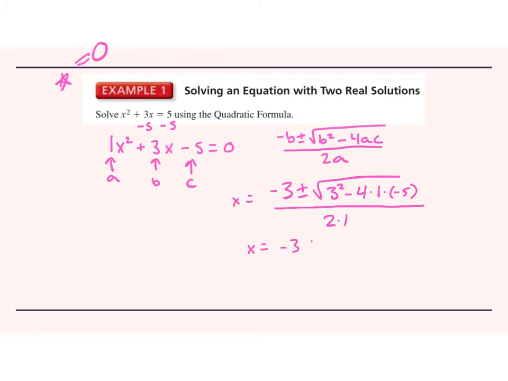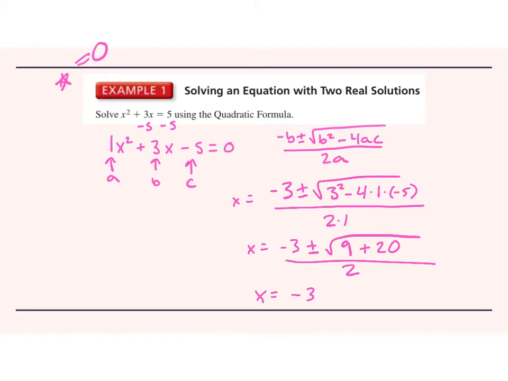So negative 3 plus or minus, we have to simplify everything under our square root. So 3 squared is going to be 9. And then we have minus 4 times 1 times negative 5. Since there are 2 negatives here, it's going to become a positive, and 4 times 5 is 20. And then this is over 2 times 1, which is just 2.